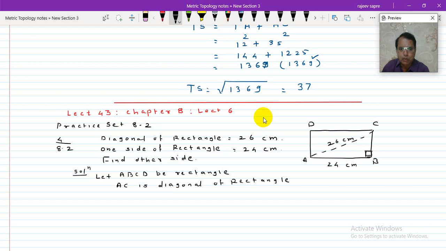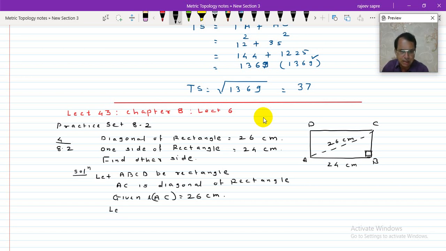Now what is given? The length of AC is 26 centimeters. Also it is given that one side of the rectangle is 24 centimeters.